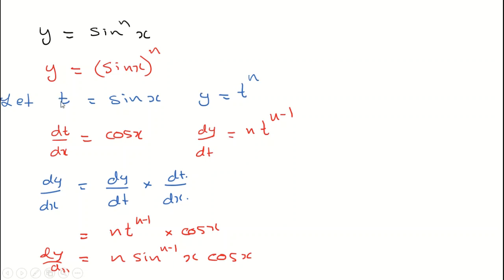So dt over dx is equal to cos x, dy over dt is equal to n t to the power n minus 1. So dy over dx is equal to dy over dt into dt over dx, which is n t to the power n minus 1 into cos x. That is n sin to the power n minus 1 of x into cos x.